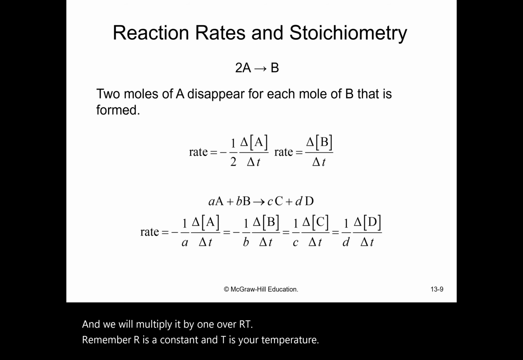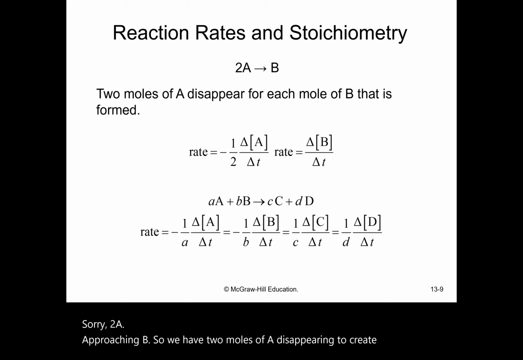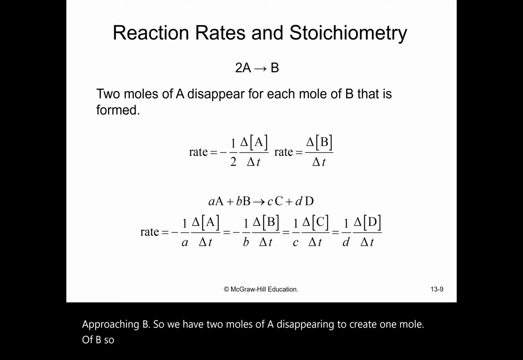Reaction rates and stoichiometry. So now we have 2A approaching B. So we have 2 moles of A disappearing to create 1 mole of B. So our rate equation is going to be 1 over the number of moles.